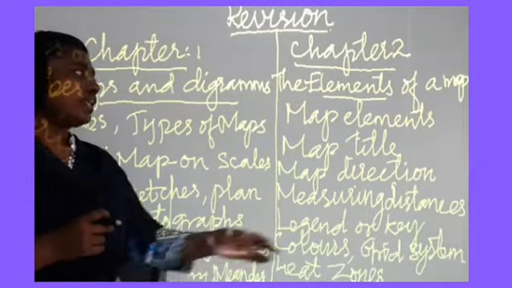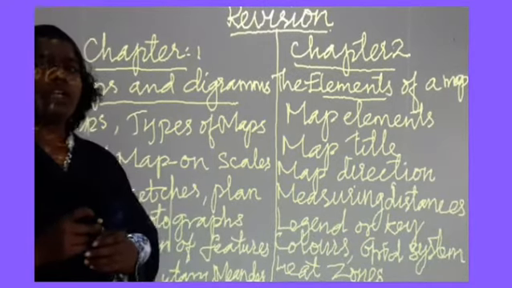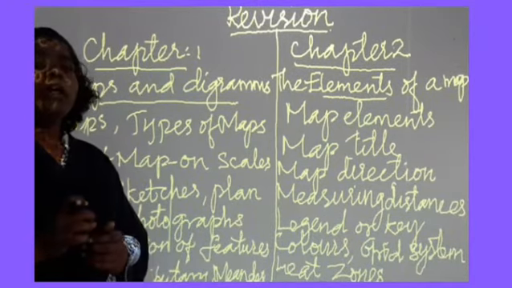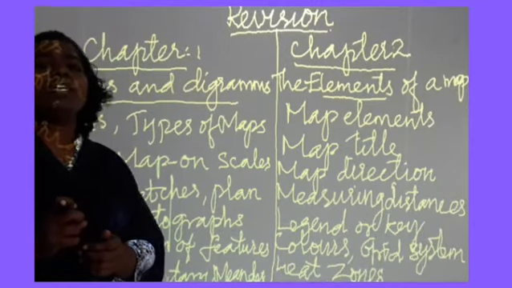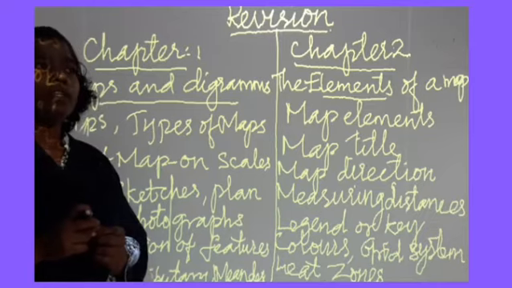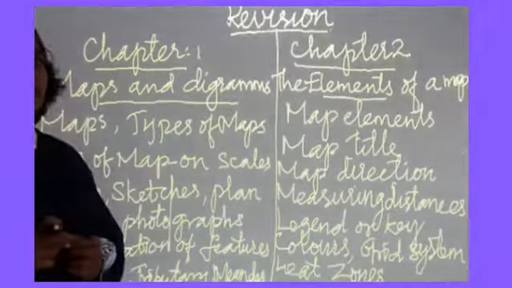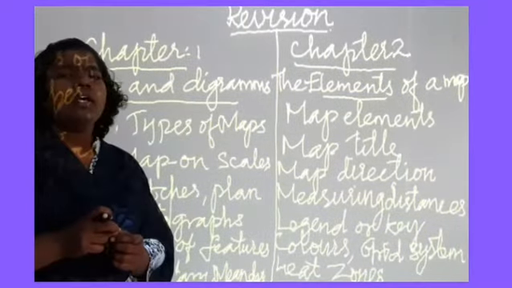And the next element of a map is the grid system. What is the grid system? It is the horizontal and vertical lines that run along the earth. When we draw a map, we can see two types of lines, one is horizontal and the other is vertical.